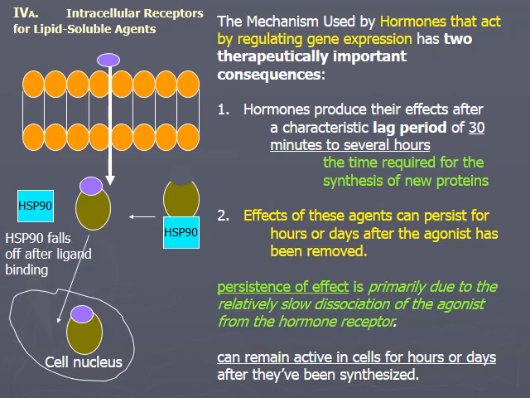In the nucleus, it has to find its promoter site, it has to bind to the DNA, it has to hail the bus, central machinery, the RNA polymerase has to make a message, the message has to get translated, the protein has to find its way. So what do you think? Do you think that takes time? Or do you think that's very quick? It takes time. Right? So this complex pathway is part of the reason why there's a lag period between administration of a drug and a desired outcome.